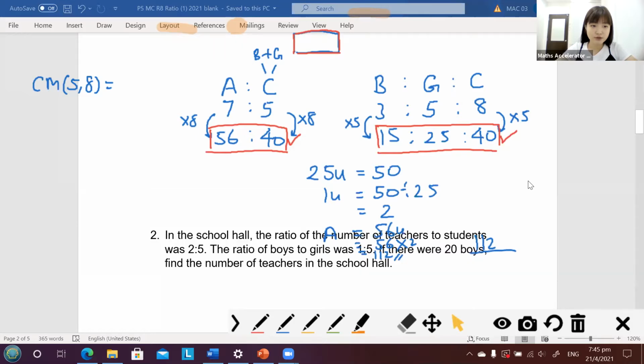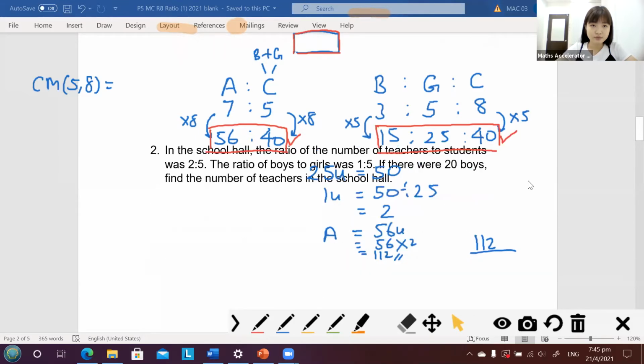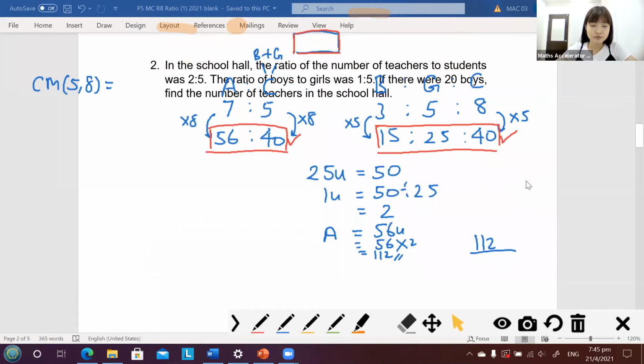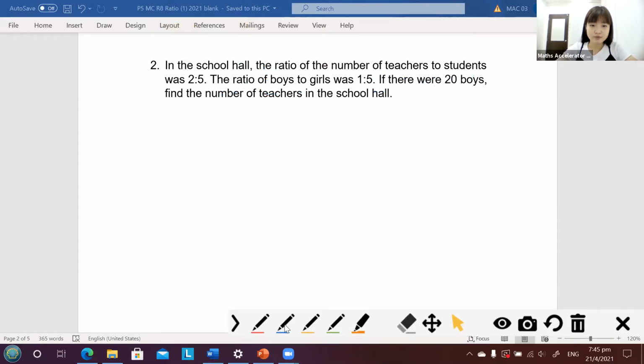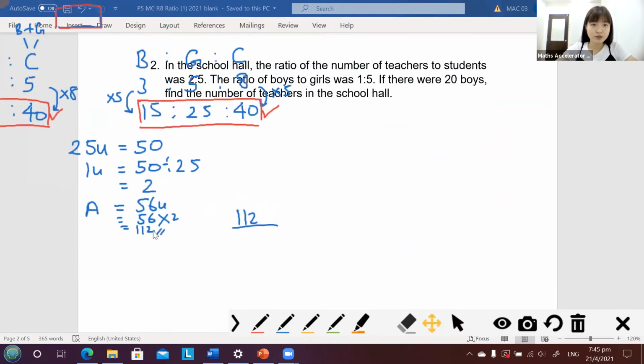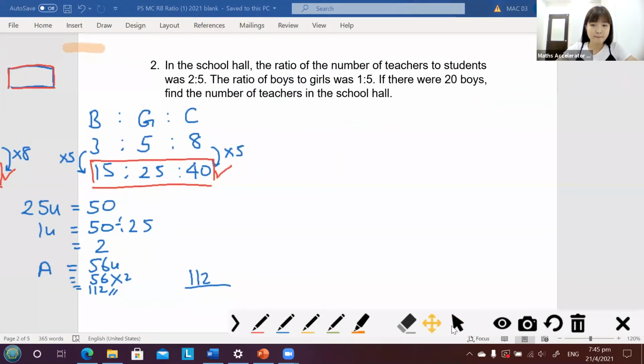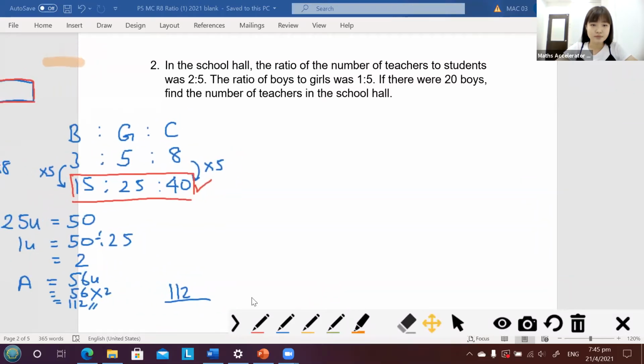Yes, Avril, so it's like units. If you still need it, I'll put it at the side here. Question 2.